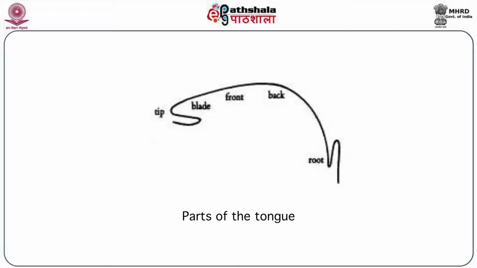There are 3 main parts of the tongue involved in producing the consonant sounds. 1, the tip and the blade of the tongue. 2, the front and the back of the tongue. And 3, the root of the tongue. The diagram for the various parts of the tongue was already introduced in the earlier modules.